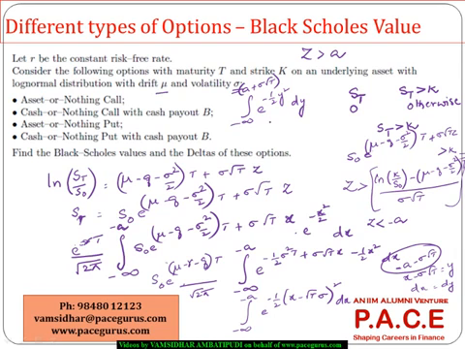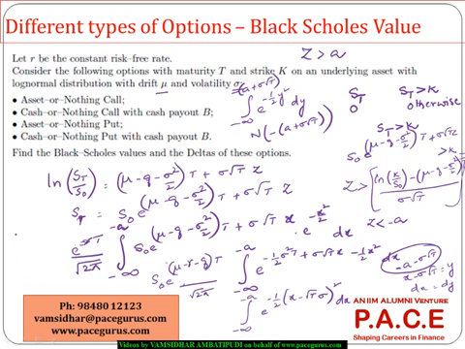Now this is directly becoming N of minus of (A plus sigma root t). Right? So directly this is coming out as a solution.